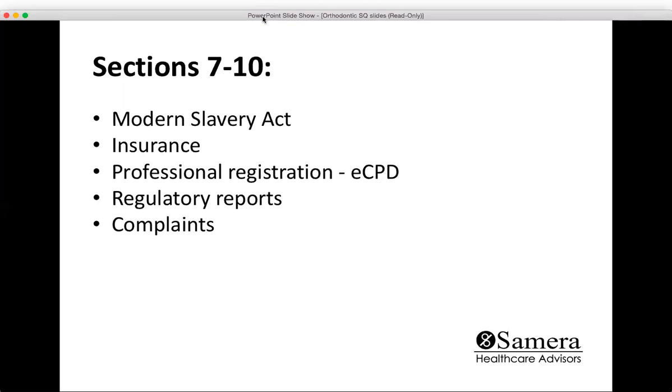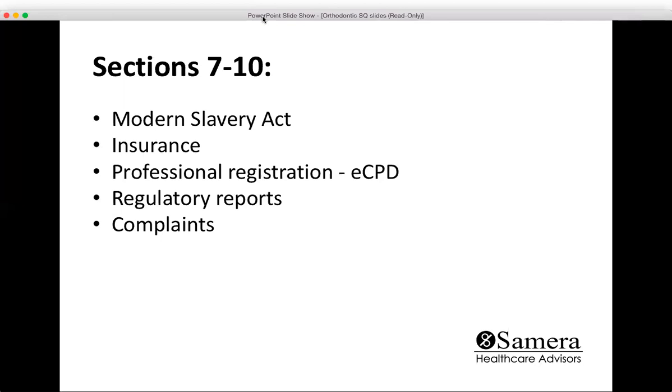Okay. And professional registration, this means that you're basically on the GDC register and that you are compliant with ECPD. Yeah, absolutely. It's just continuous registration, and that you have not been suspended or otherwise in the last 3 years.